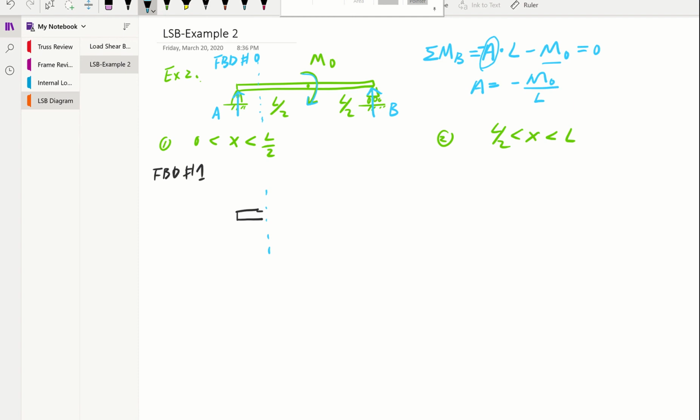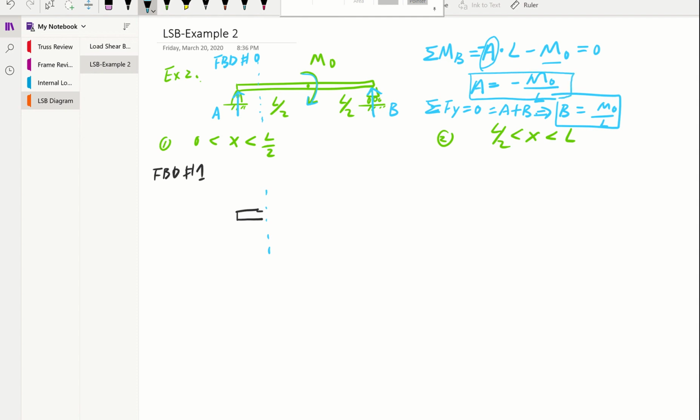Once we have that, we use the summation of forces in the y direction equal to 0. We'll have A plus B equal to 0, and since A is already found, B is just equal to M0 over L. So we got our external reaction supports.